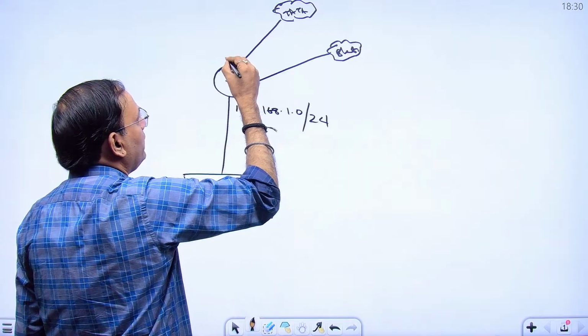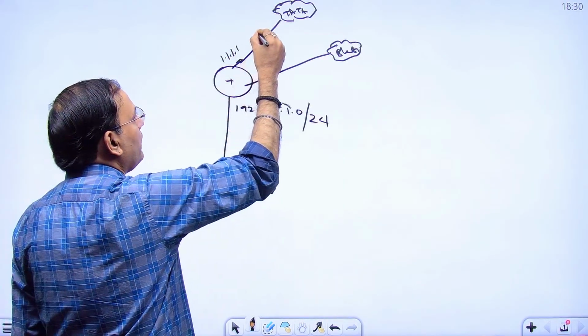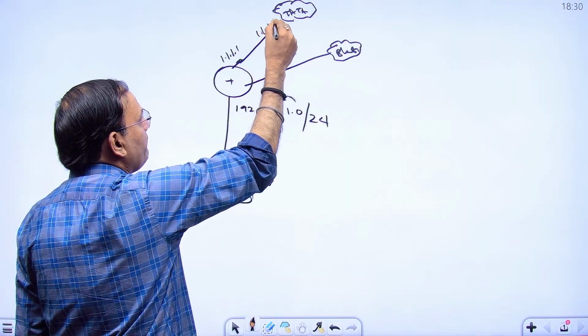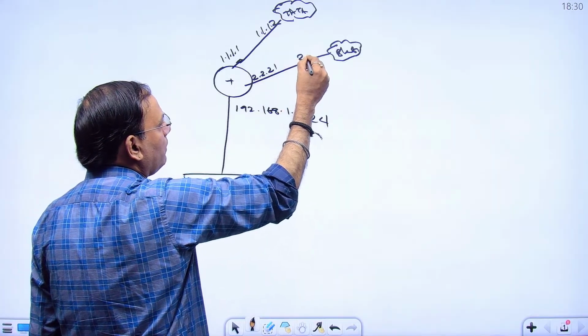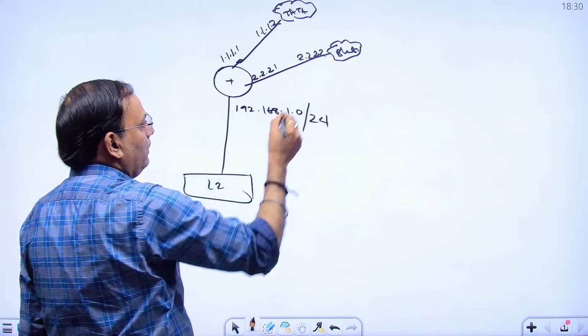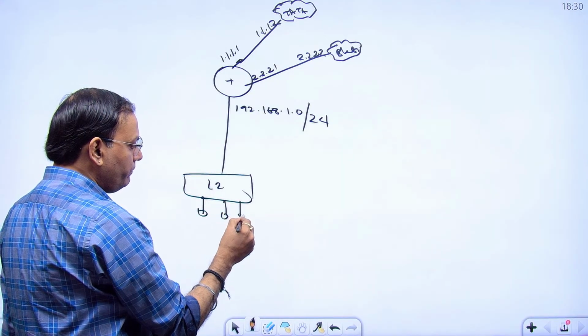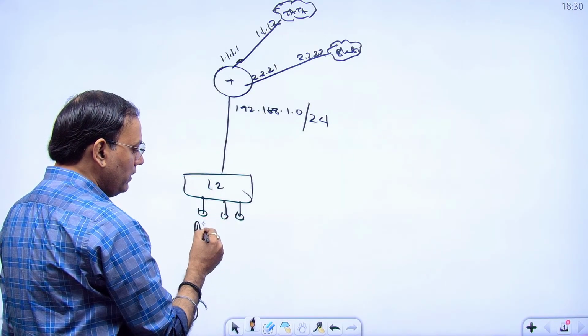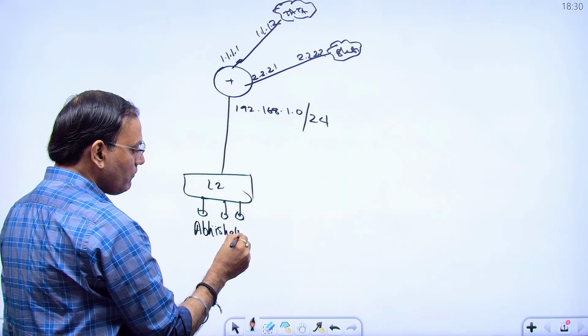The IP address on the Tata side was 1.1 and 1.2. The Bharti side IP address is 2.1 and 2.2. So as per this diagram, let's say I am sitting here, my name is Abhishek Anand. Let me type it, Abhishek. I want to access the internet.